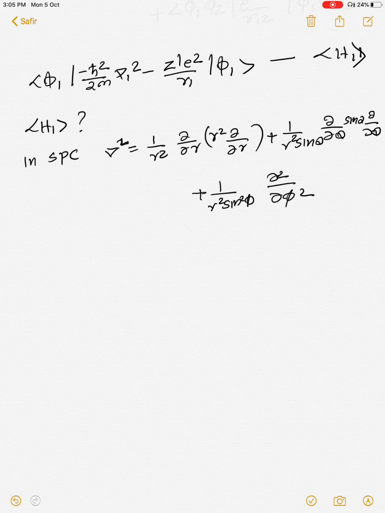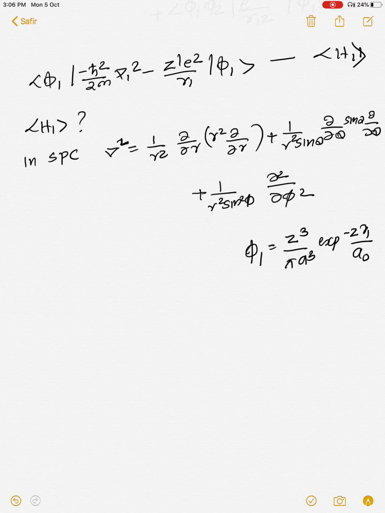And also, what is phi 1 here? Phi 1 is the wave function, equal to the square root of z cube by pi a0 cube times exponential minus z r1 by a0.